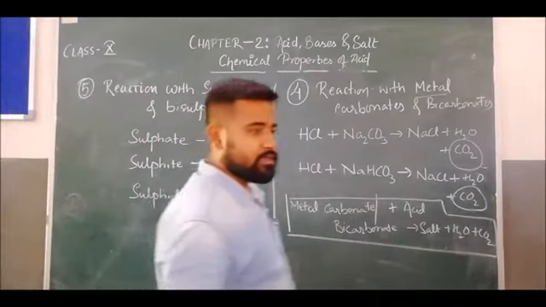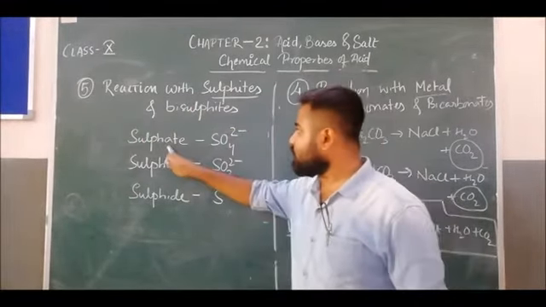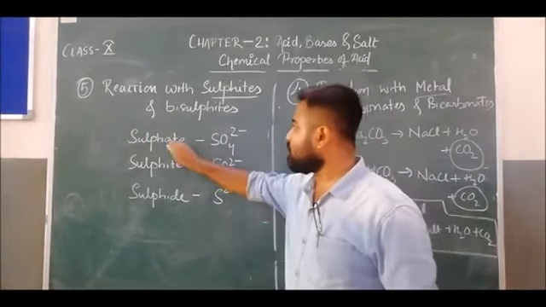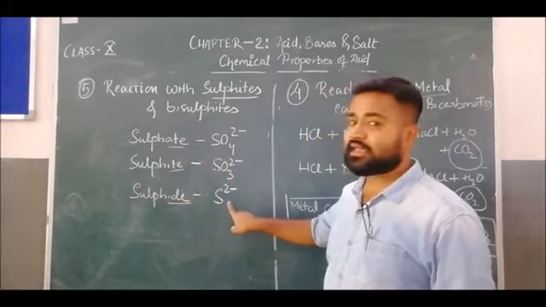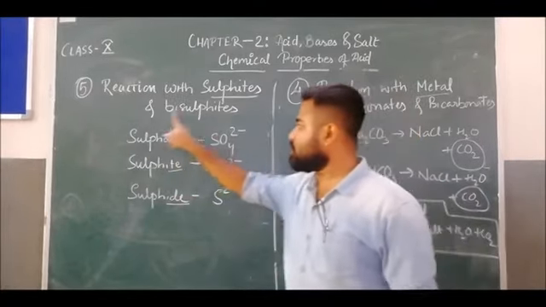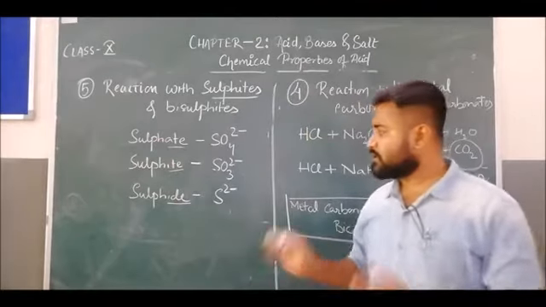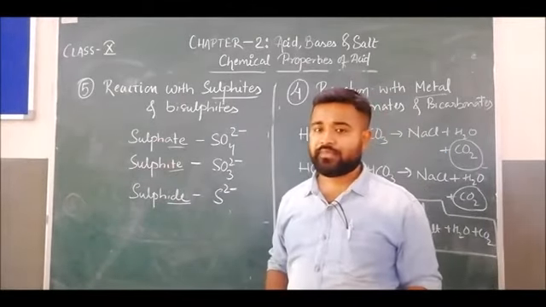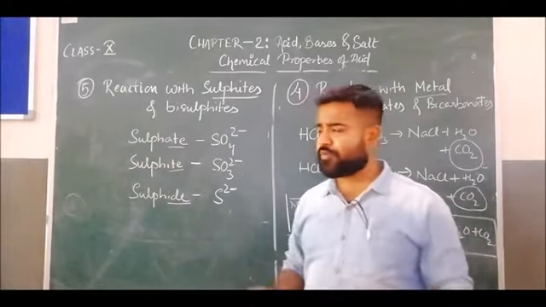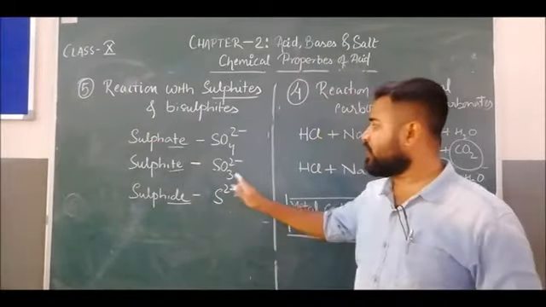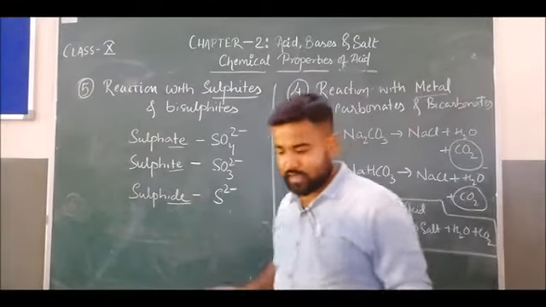If ATE is there, SO4. If ITE, SO3. If IDE, then S2 minus. So this is the difference between sulfate, sulfite and sulfide. Clear? Sulfite means SO3 2 minus ion.